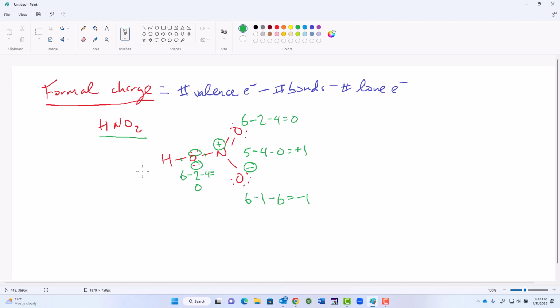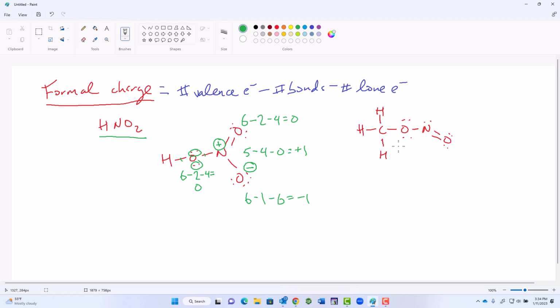Now, formal charge can also inform structure. So for instance, let's look at another isomer of nitromethane. Instead of having the connectivity as we had before, let's do this connectivity. So we have this, 2 lone pairs, and then 2 lone pairs. Let's quickly check the formal charges in all of these.